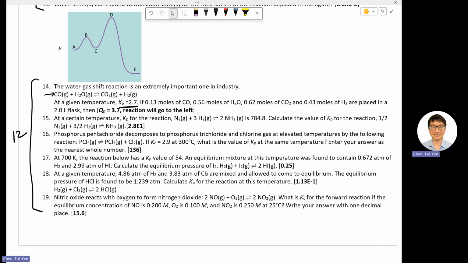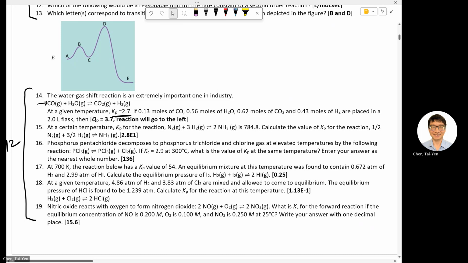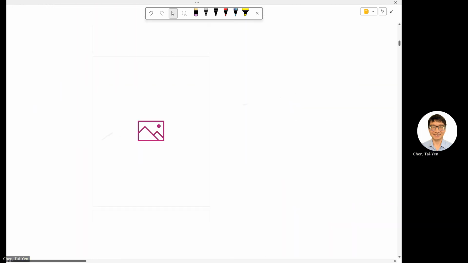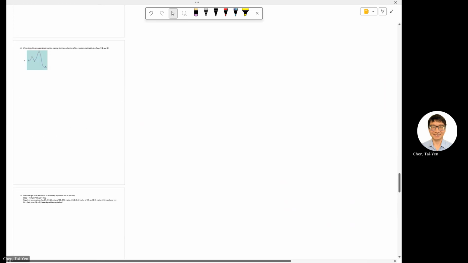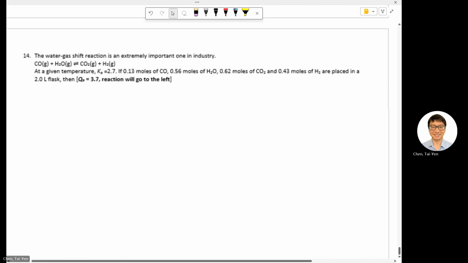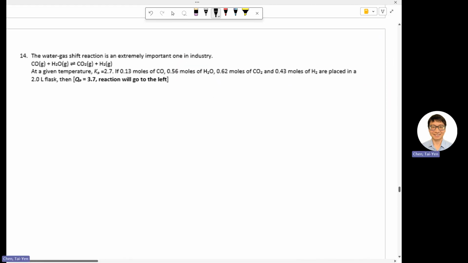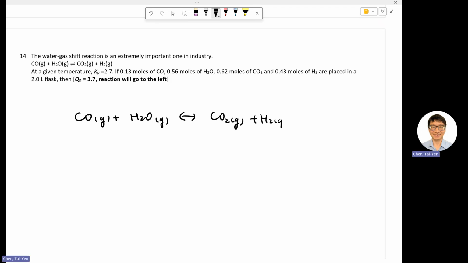So how do you calculate the QP for this reaction? The first thing you need to do is write out the reaction: CO in the gas form plus H2O in the gas form gives you CO2 in the gas form plus H2 in the gas form.